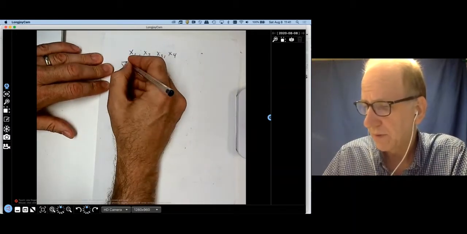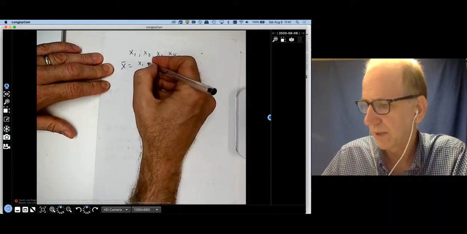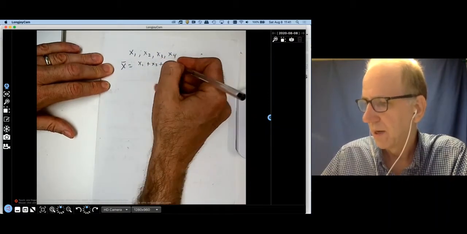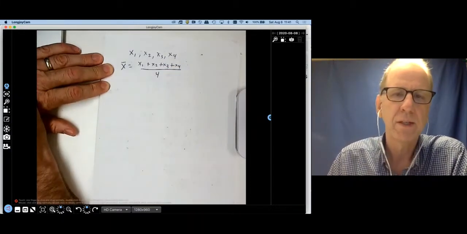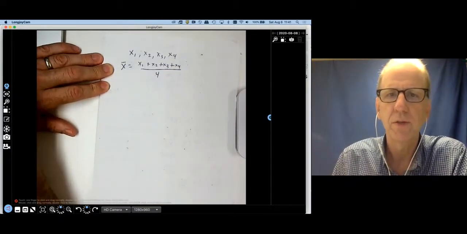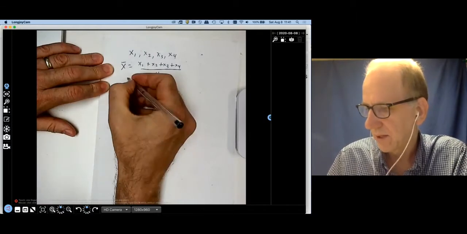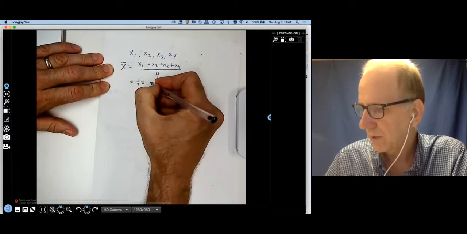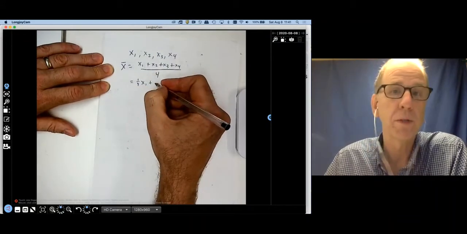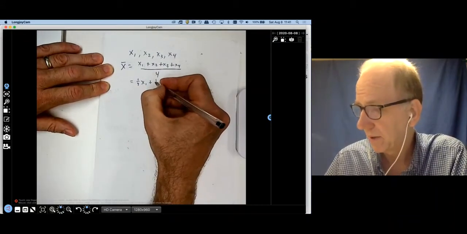Our mean is just going to be x1 plus x2 plus x3 plus x4 divided by 4. And what I think is kind of important about this is you can think of this as really we're giving a weight to each of the numbers. So we multiply by the weight and add it up.